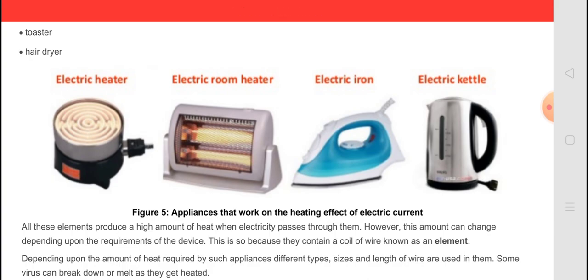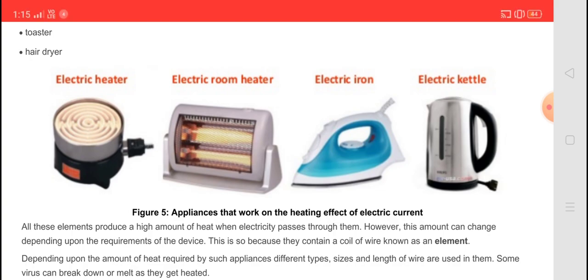Due to this, the heating element becomes red hot. You can see in this figure that sometimes a heating element becomes red hot. A lot of heat is produced in the heating element because it is made up of high resistance nichrome wire. We all know that if any material possesses high resistance, a huge amount of heat is produced.